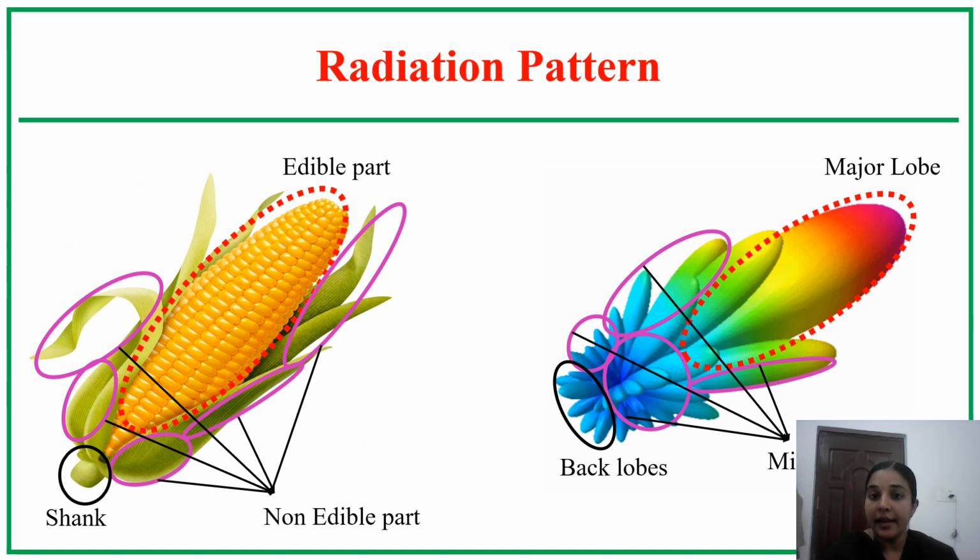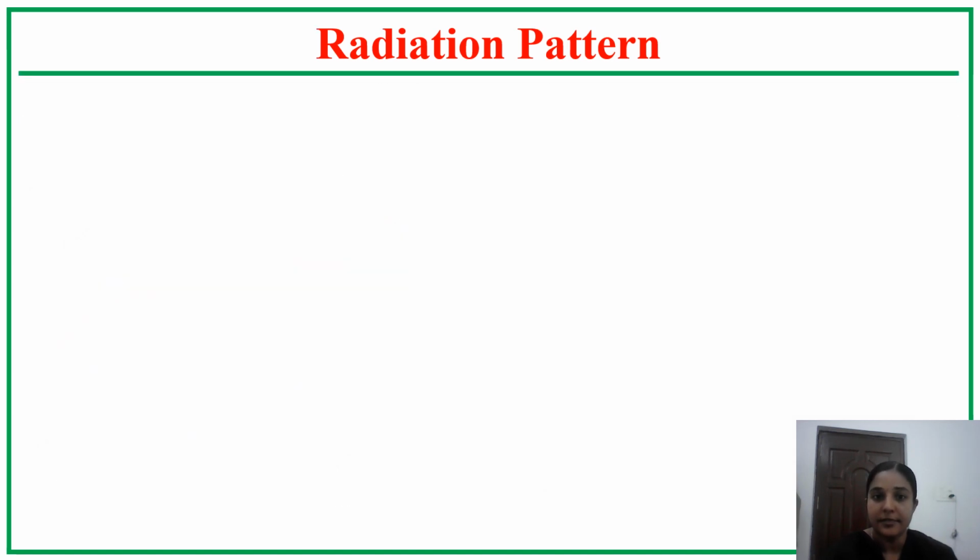So in any radiation pattern that we consider, we have our major lobe which has most of the information that is being transmitted, side lobes which consist of a small portion of the information that is being transmitted, but it is not necessary that they be considered for the analytical part, and the next one is the back lobes which do not have any of the information that is being transmitted.